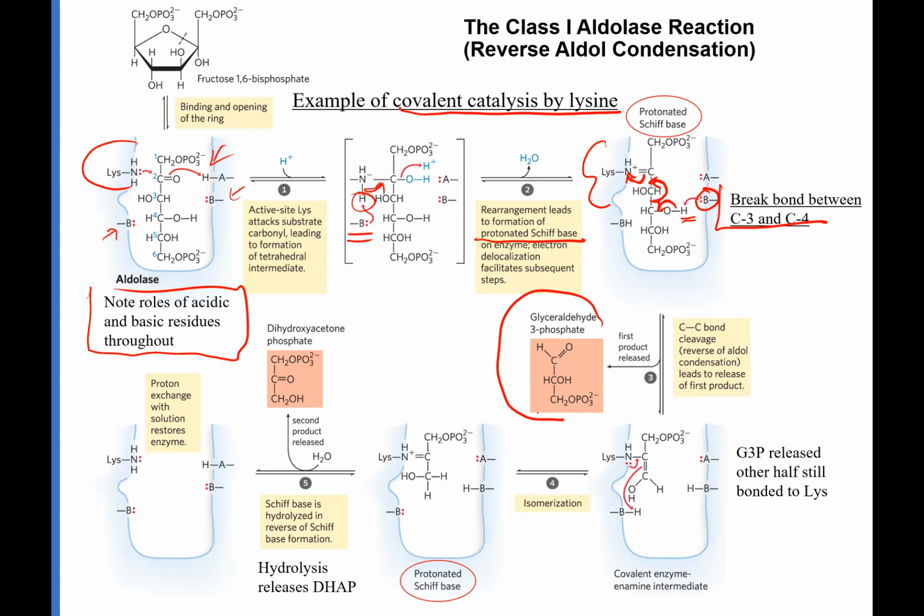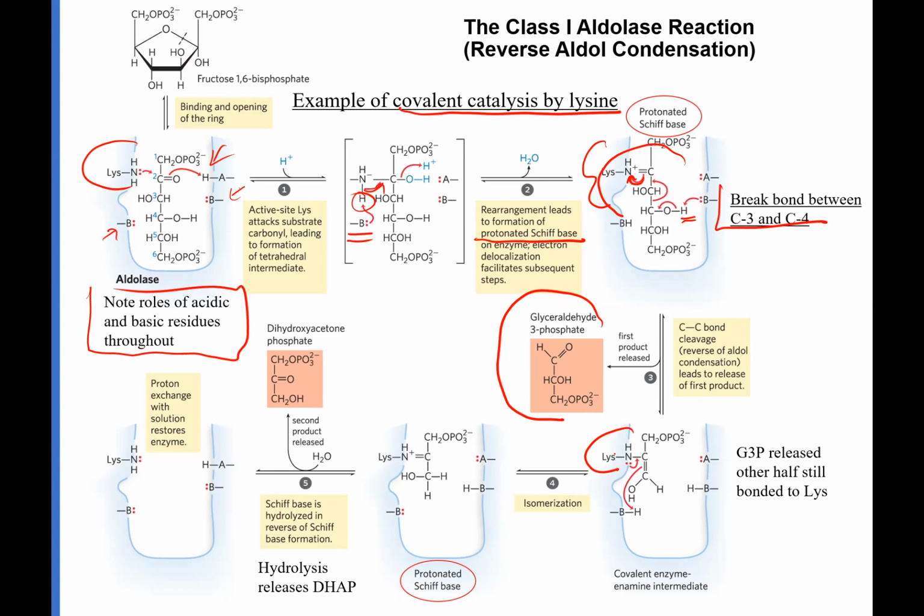So you can just take a moment to look at all the chemistry that's going on right here. But what does this mean? This double bond goes away, but now we have a single bond here between lysine and one of the carbons.